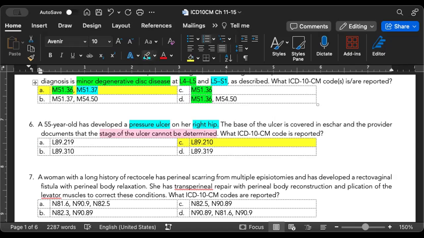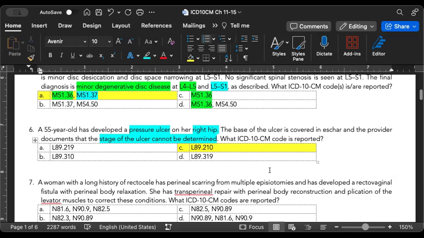Does that make sense for those that had answered originally with the 219? Any questions on that one of unspecified versus unstageable? Okay.